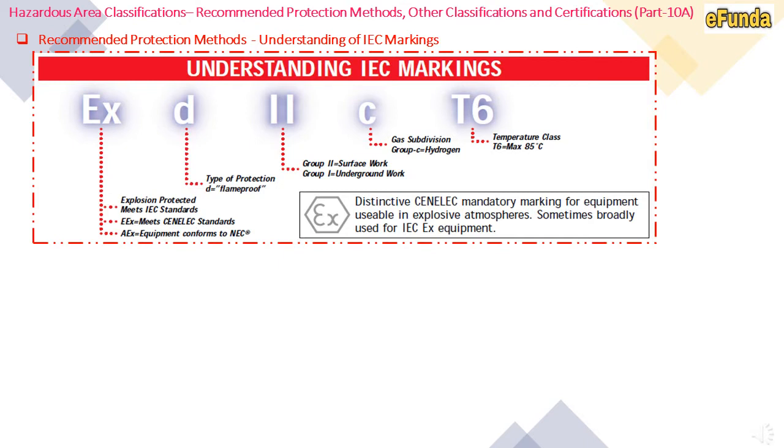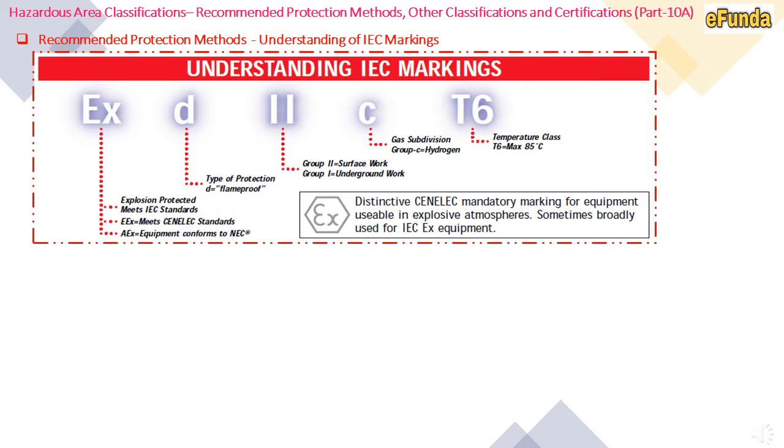Then second is group 2, that is surface work. Group 1 is underground work. C is the gas subdivision, that is group C, that is hydrogen. T6 is the temperature class, that is the maximum temperature of 85 degrees. This is how the markings are required to be done on the equipment, and one should understand them.